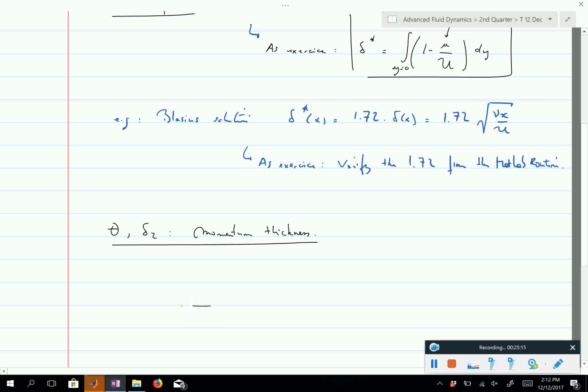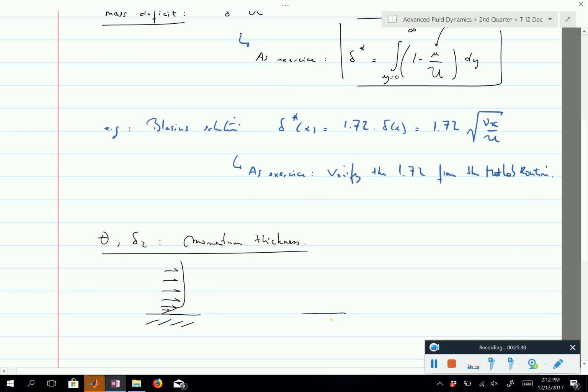When you look at the real solution, say again, this is flow above a flat plate, so I have a solution to my boundary layer profile, which is the Blasius solution. If I'm looking at an ideal solution, you also have, so you see that you have a mass deficit.